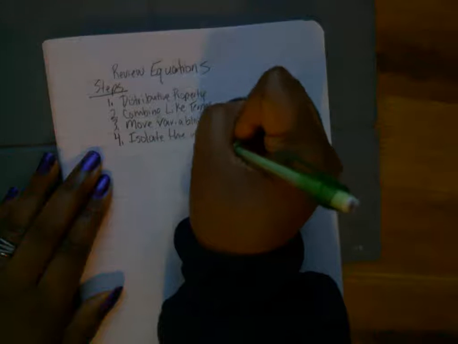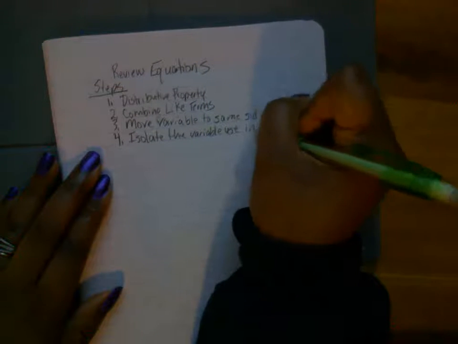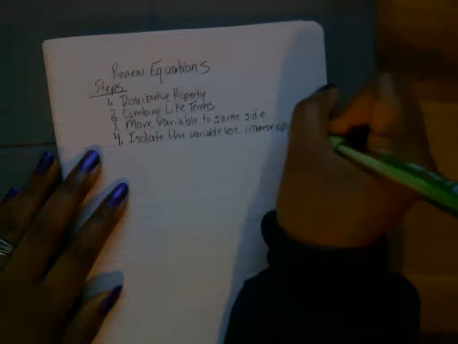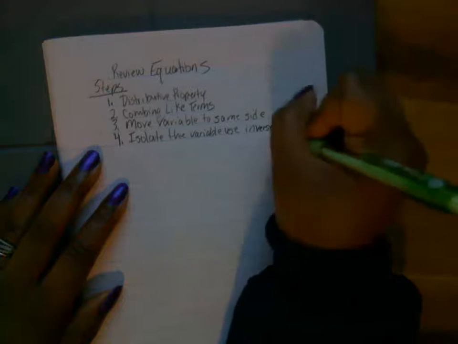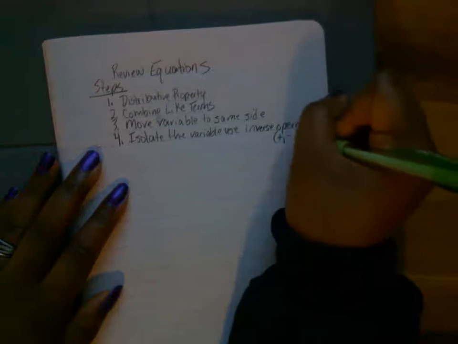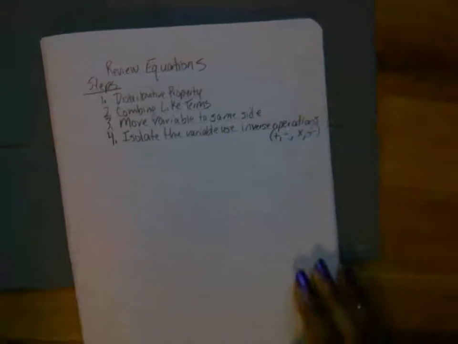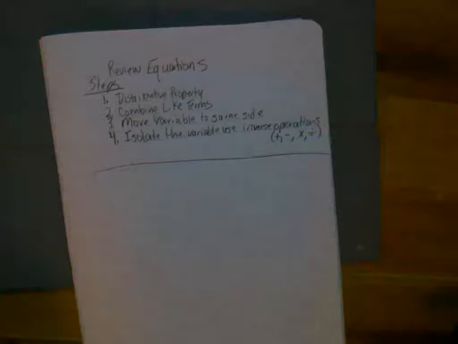And guys, to isolate the variable, you use inverse operations. And don't forget, your basic operations are addition, subtraction, multiplication, and division. Okay, and I'm going to pause it here.